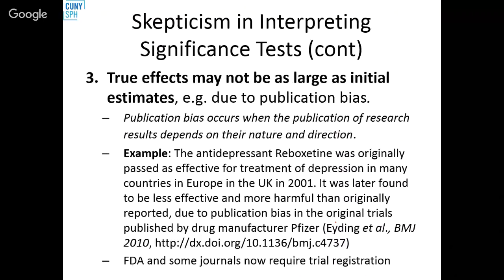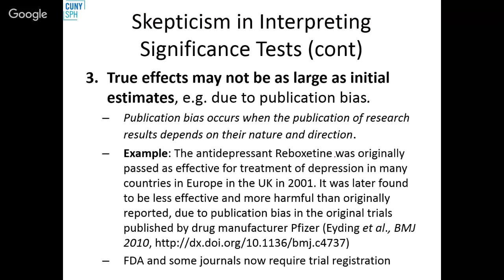True effect sizes often turn out not to be as large as initial estimates. One potential reason being publication bias, where whether or not a paper is published can be related to its results. Not all research ends up getting published. And there have been some real examples of this.